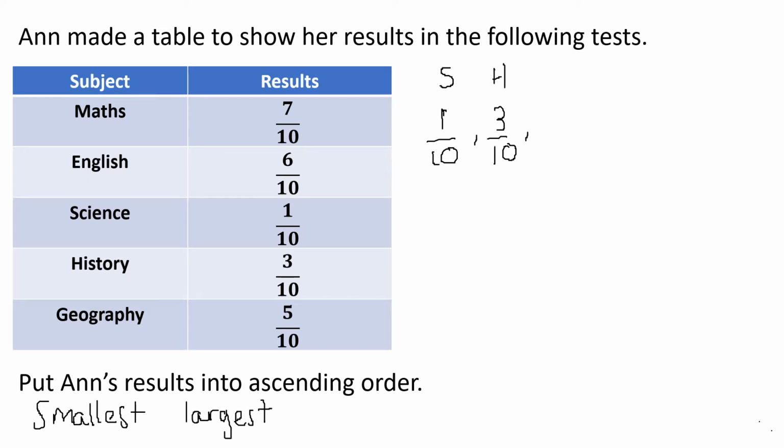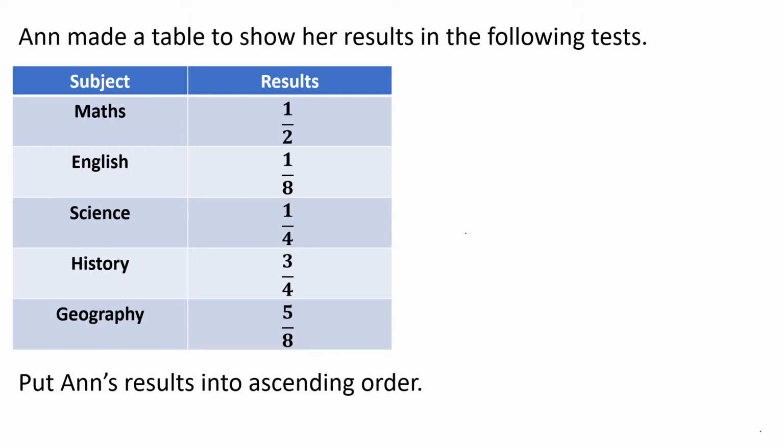Next one would be geography with 5/10. Next one we'd have 6/10, which is English. And finally, our last one, which is 7/10, is maths. So there's that question answered. We have put it into ascending order, going from smallest to largest.